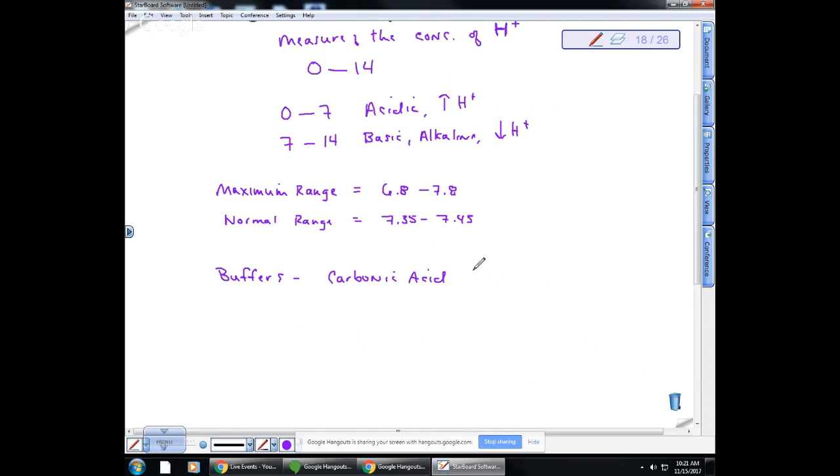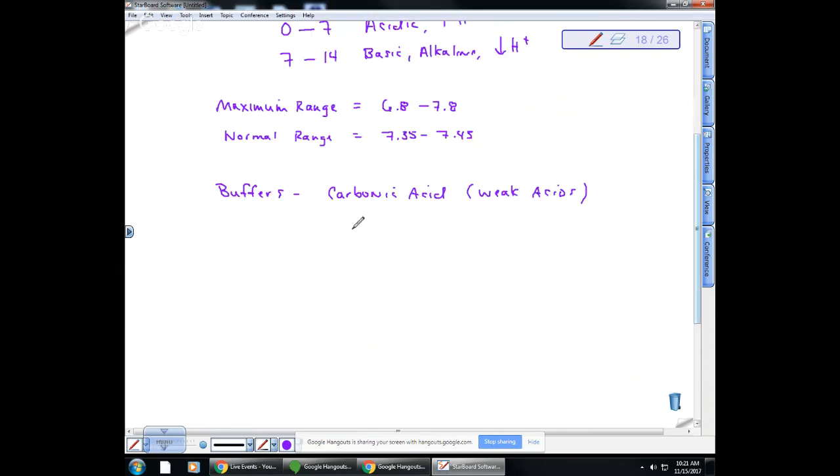So this is what we call a weak acid. And weak acids are interesting because, like weak bases, they do not always break down into their respective ions. So they just kind of move back and forth. If we look at H2CO3, this is carbonic acid, it goes back and forth.